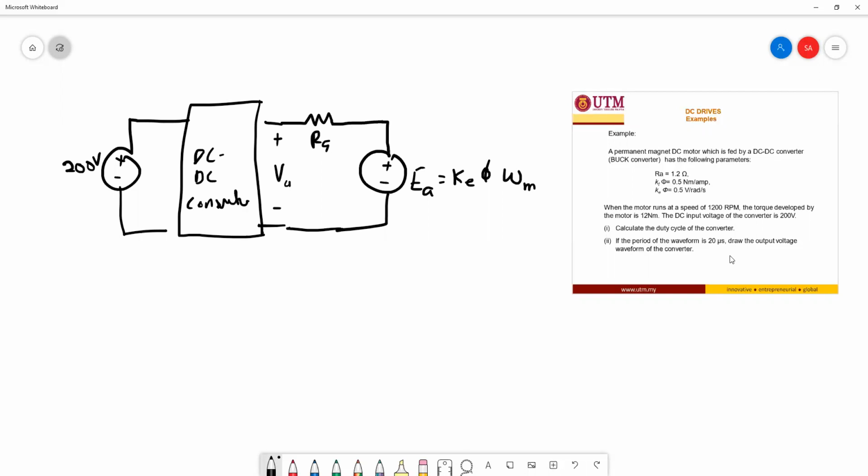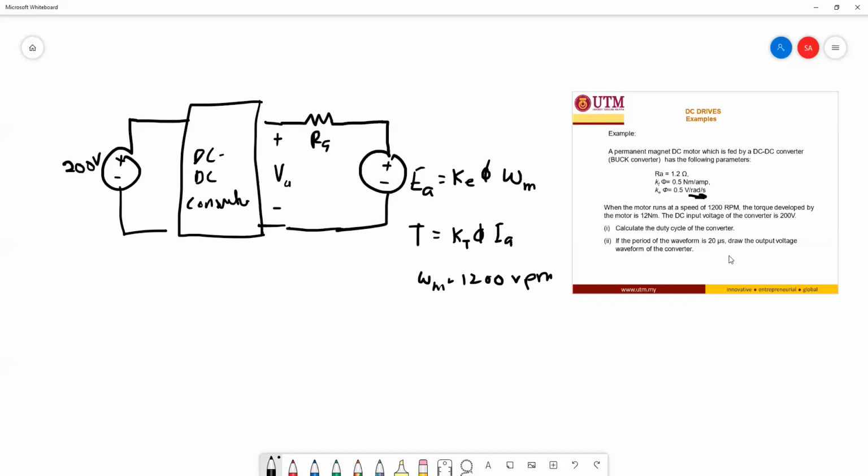Okay, so we have the back EMF equation, and then we have also what we call the torque equation. So the torque equation is KT flux IA. Okay, right now, the information that is given is 1,200 RPM. So this constant KE flux is actually in radian per second.